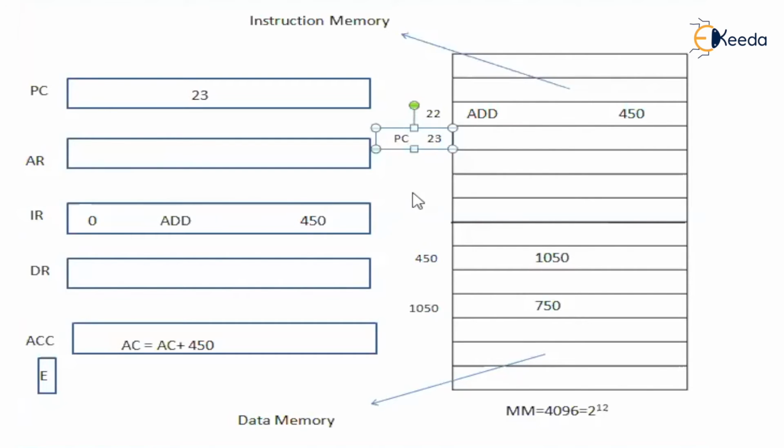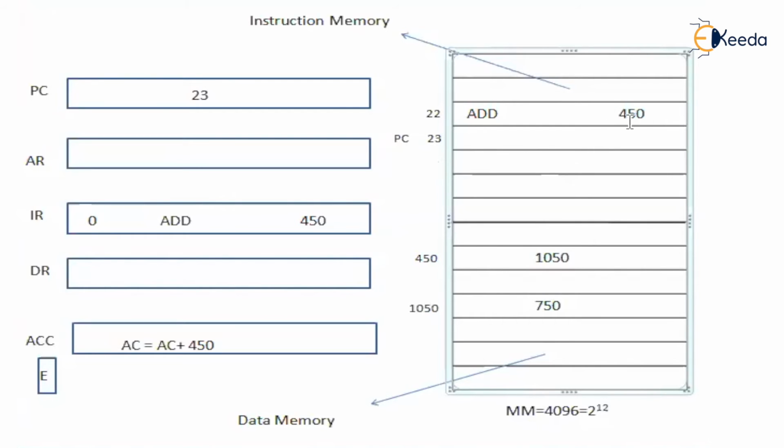Now, in relative addressing mode, the effective address will be calculated by adding the address part of the instruction to the program counter value. That is, when you want to execute add 450, what is the effective address here? The effective address is not 450. In order to calculate the effective address, I need to add the address part of the instruction to the value of the program counter.